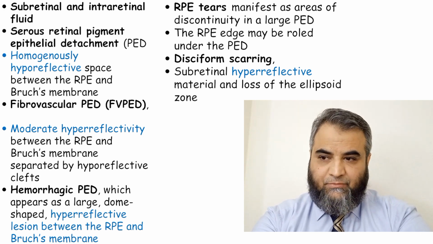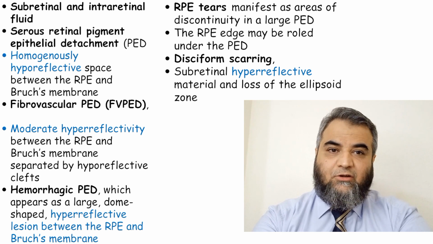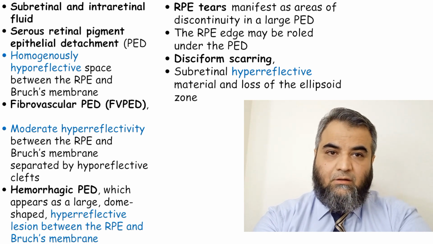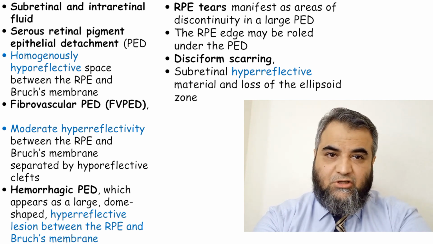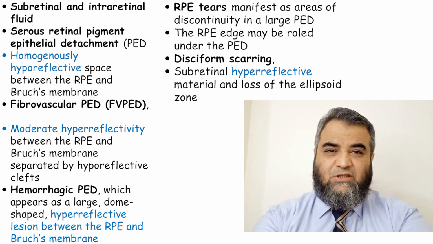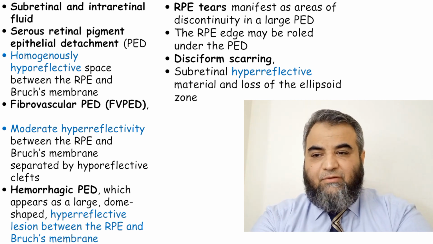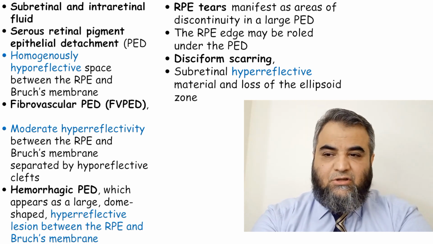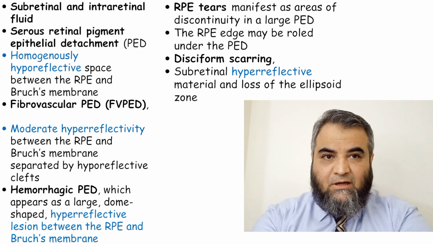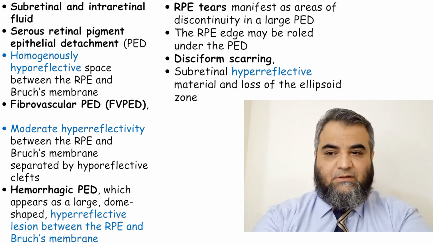Sometimes you can even find an RPE tear or RPE rip with choroidal neovascularization. This RPE tear or rip can be seen when the retinal pigment epithelium margin edge will be curled under the pigment epithelial detachment.